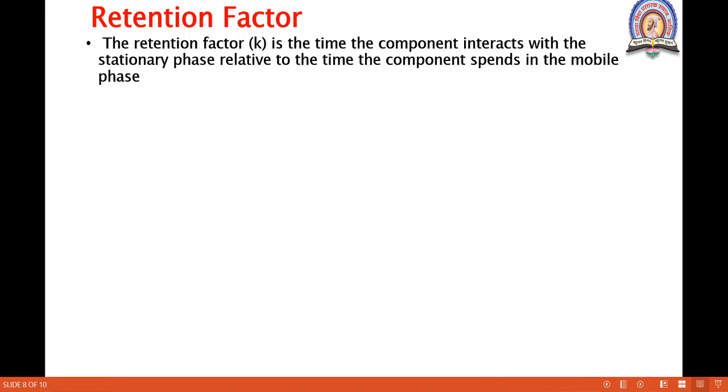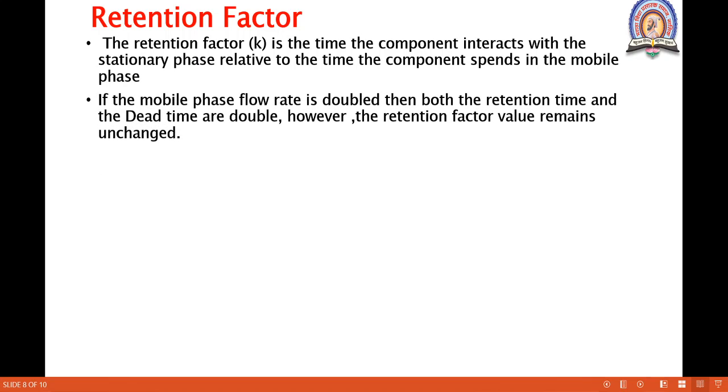If the mobile phase flow rate is doubled, then both the retention time and the dead time are also doubled. However, the retention factor value remains unchanged.